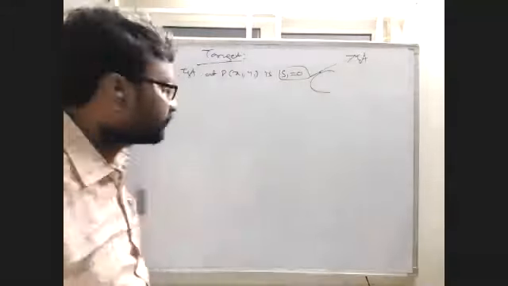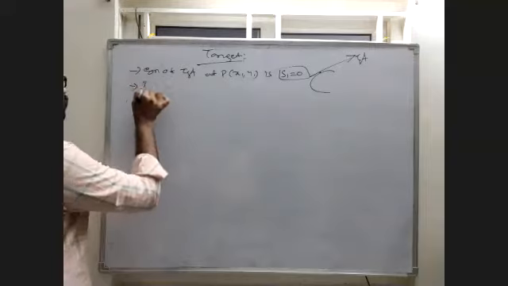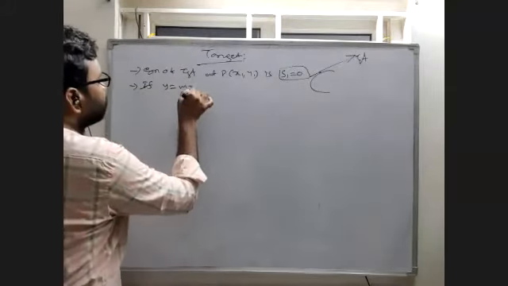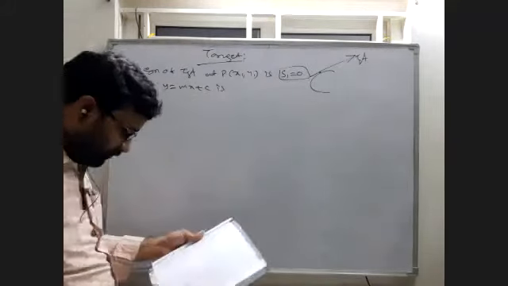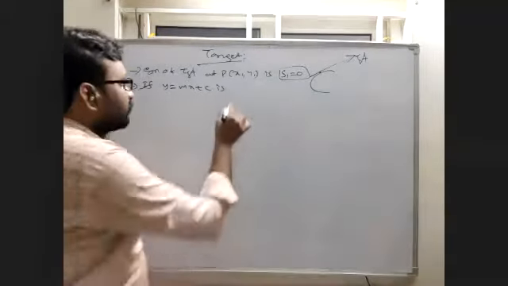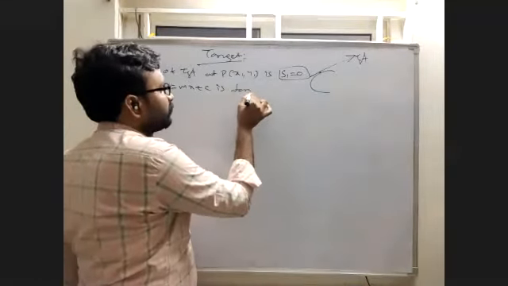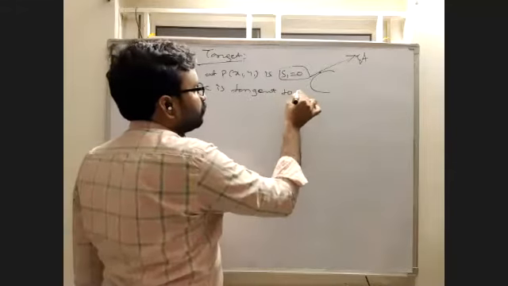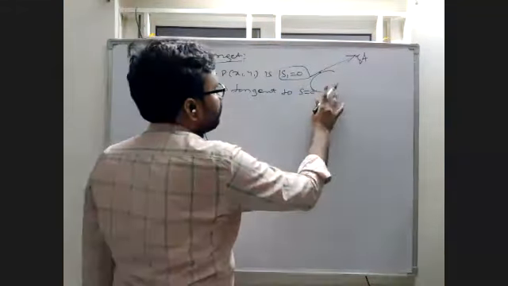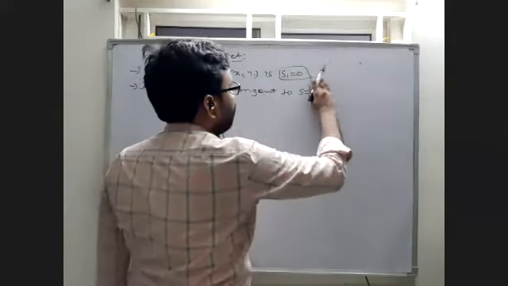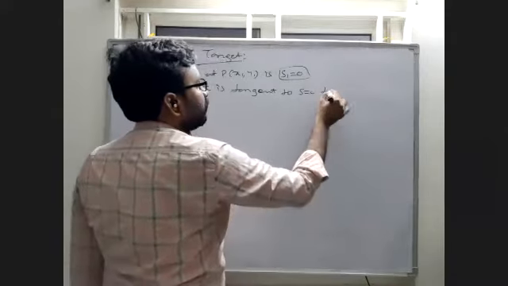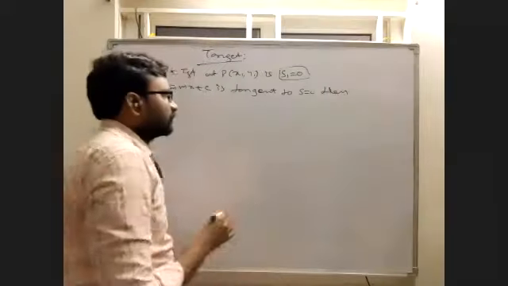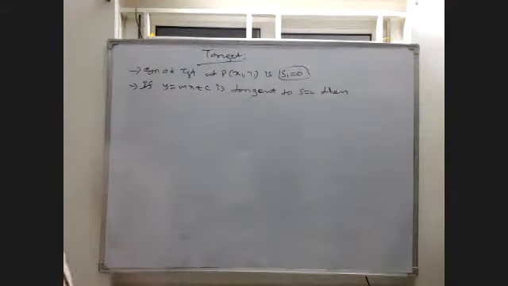But what is the condition if a line touches the curve? If y equal to mx plus c is tangent to S equal to 0, meaning the parabola, then what is the condition?